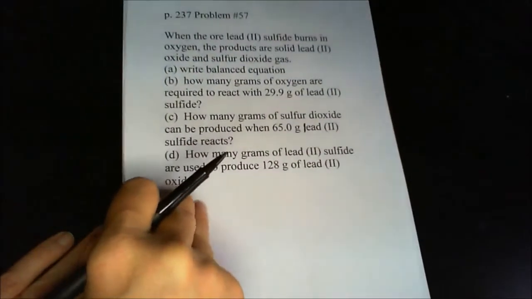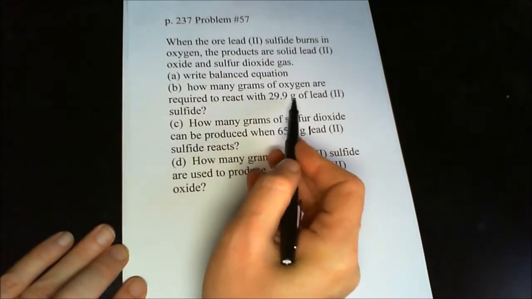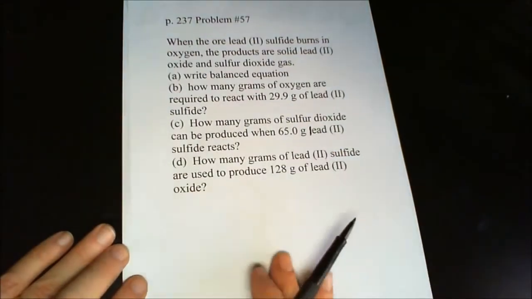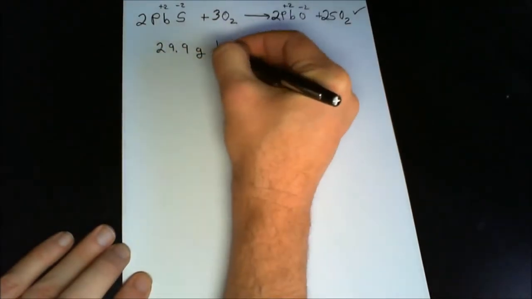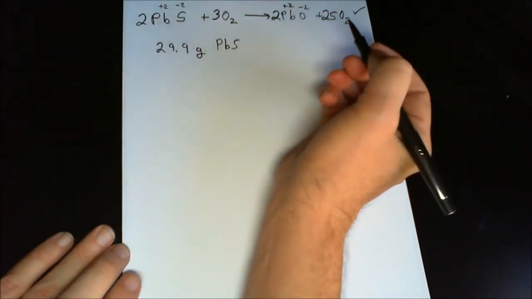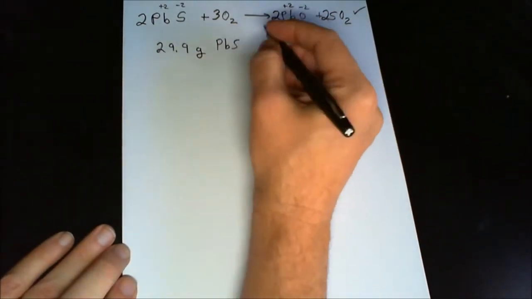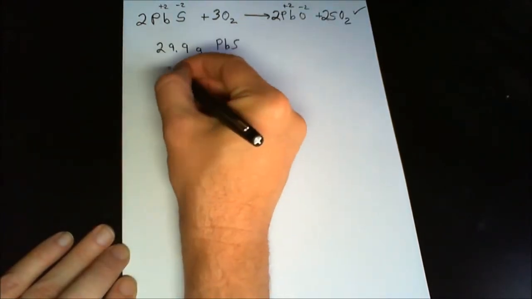Now the next thing we're asked is how many grams of oxygen are required to react with 29.9 grams of lead 2 sulfide. So we've got 29.9 grams lead sulfide, and we want to know how many grams of oxygen is going to react with that. Okay, so we should set it up like this.